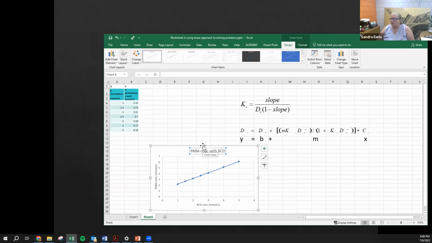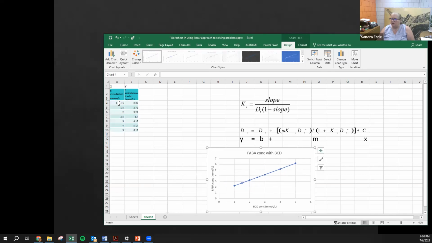So how do we find the y-intercept? Well, what Excel can do for us is run a linear regression, get the best fit of this data, and determine that D0, that y-intercept.